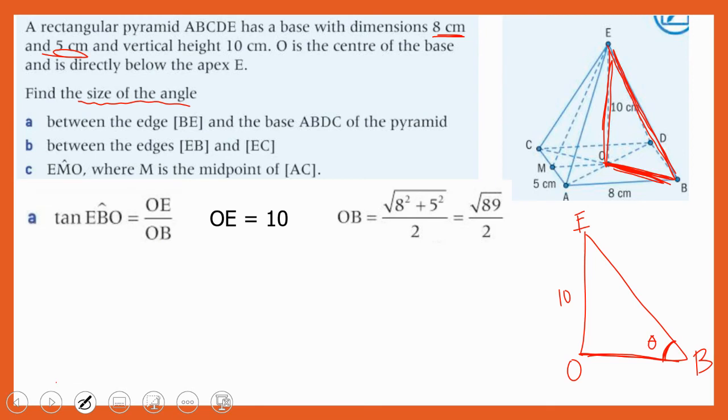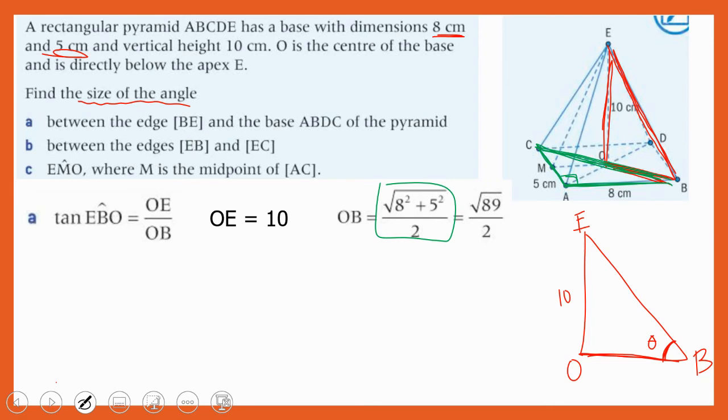So you'll notice here, this calculation right here, OB, is actually coming from using this right triangle within the face, the same plane as the base. So this right triangle has a side of 8.